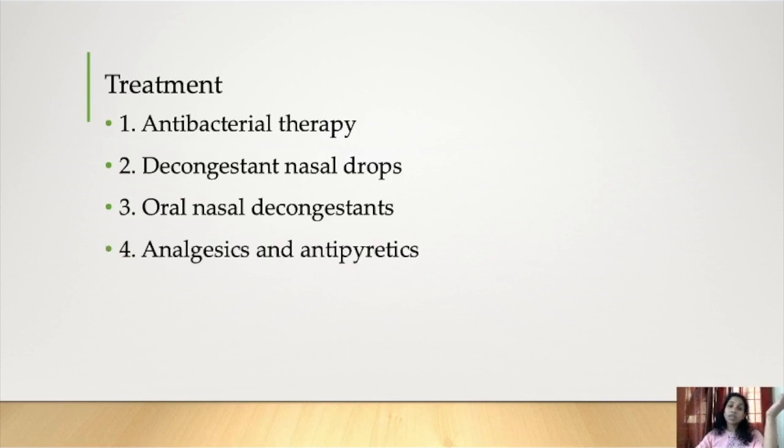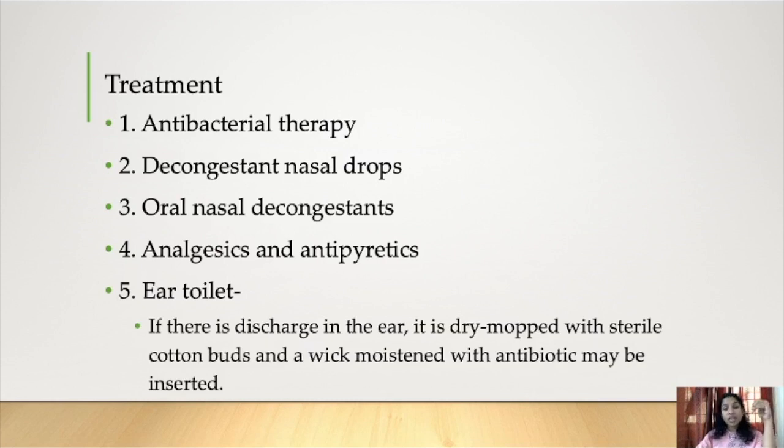Analgesics and antibiotics: if there is earache and fever, then they will go for analgesics and antibiotics. Ear toilet: after rupture, if there is a discharge in the ear, it is dry mopped with sterile cotton buds and a wick moistened with antibiotic may be inserted.